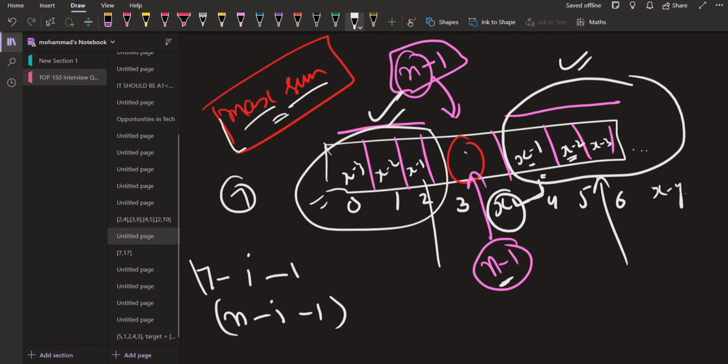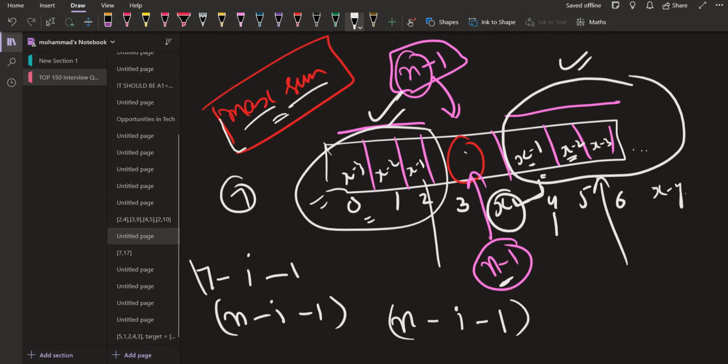How many elements are there on the left hand side? N minus I, that is 7 minus 3, I think these many elements are there on the left hand side as well, according to the mathematical formula. Not actually.